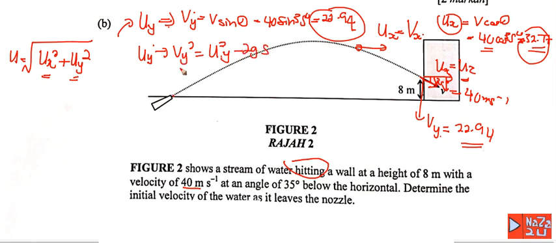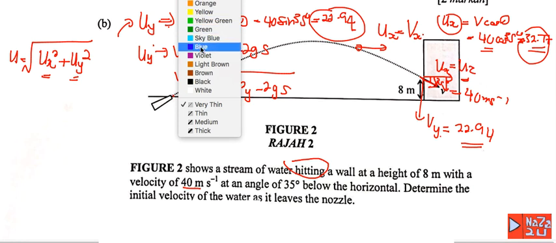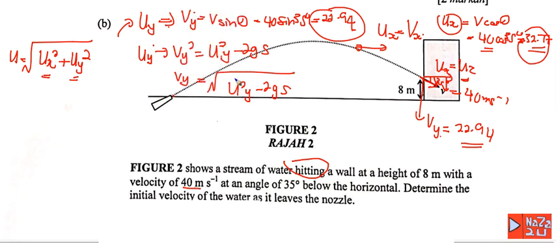Sorry, you want to find uy, so uy squared is equal to vy squared plus 2gs.